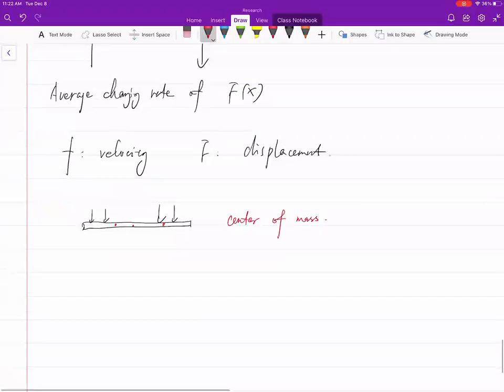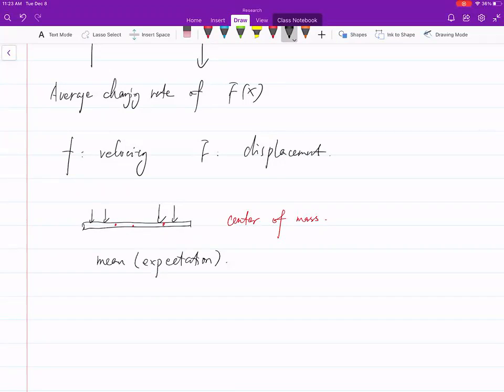From statistics, what's the average of the value? That's simply your mean value or expectation. Sounds good? If you learn stats, probably you won't see this, but if you have ever done statistics before, finding the mean value of a distribution is nothing but finding the center of mass. Think about that. Does it make sense?